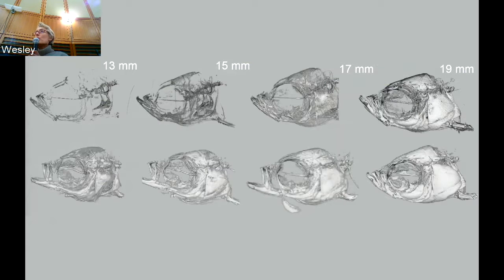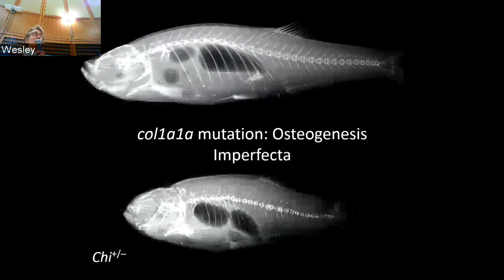Now, as a first step towards doing this, we decided to try this on Chihuahua mutants and some siblings. And this is an interesting mutation for a couple of reasons. First, it's a mutation in one of the type 1 collagen genes.